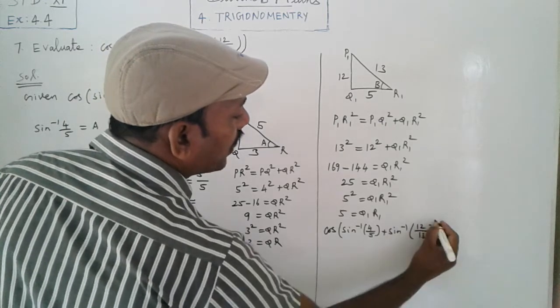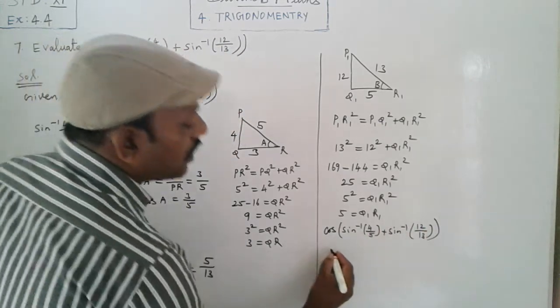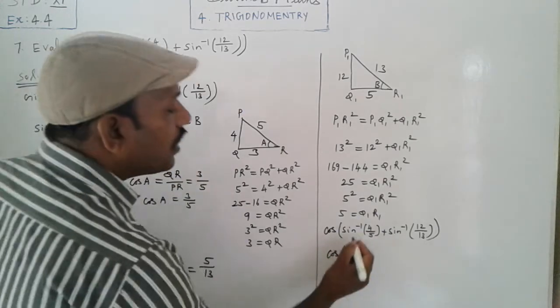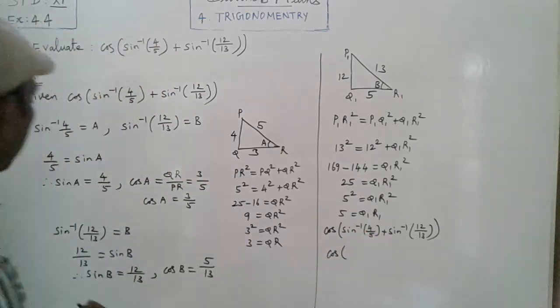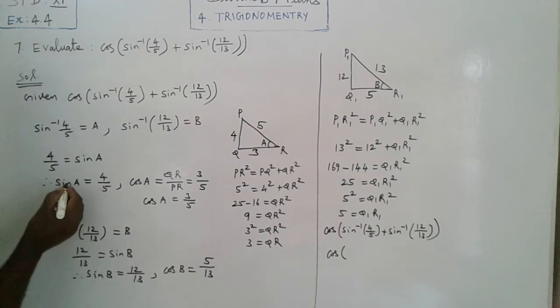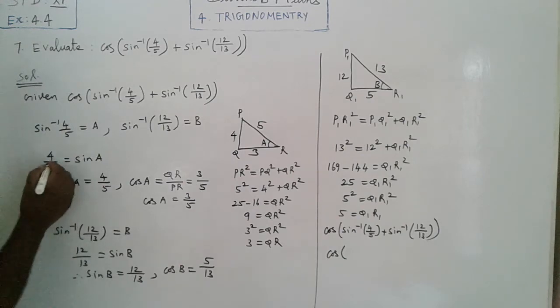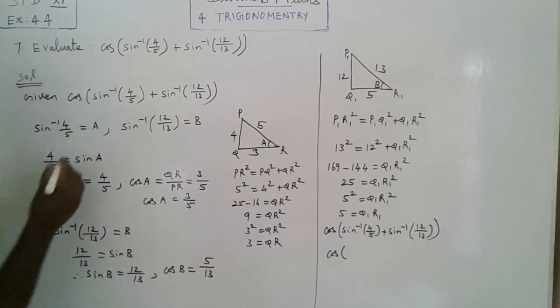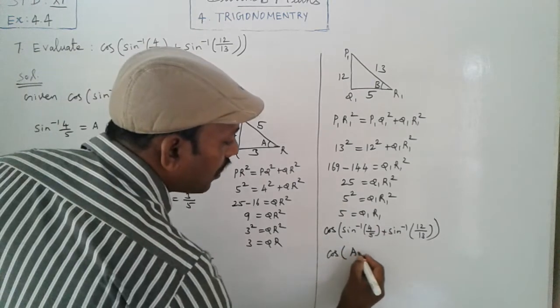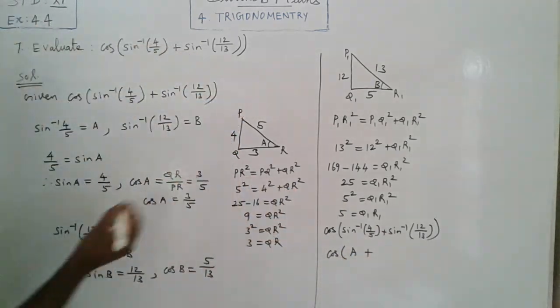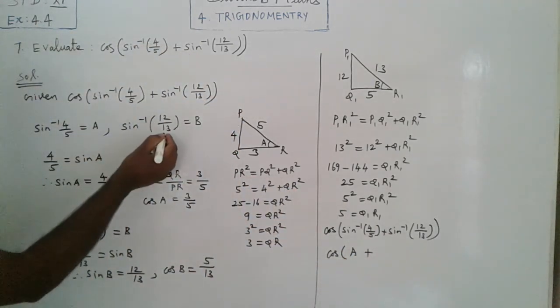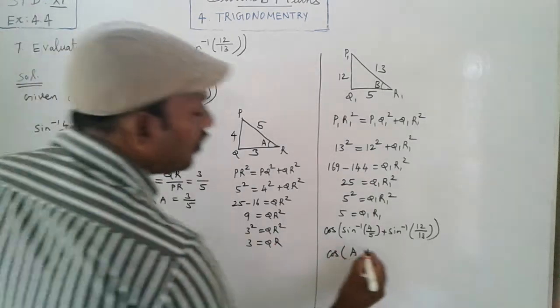This value we should find out. Cos of sin inverse 4 by 5: we know that sin inverse 4 by 5 is A. So we write here A, plus sin inverse 12 divided by 13, which is B.